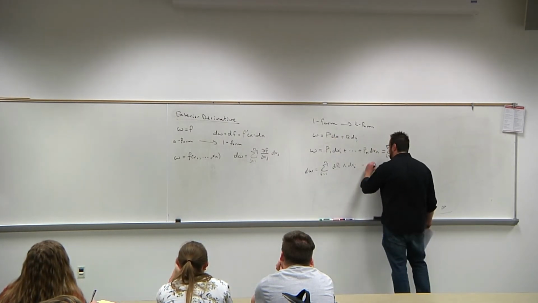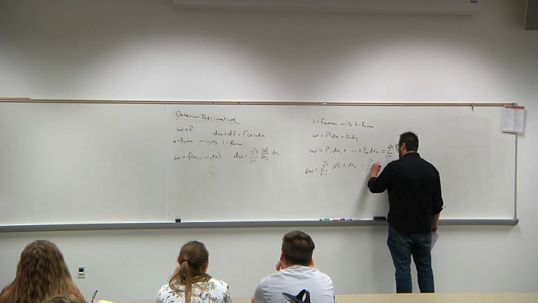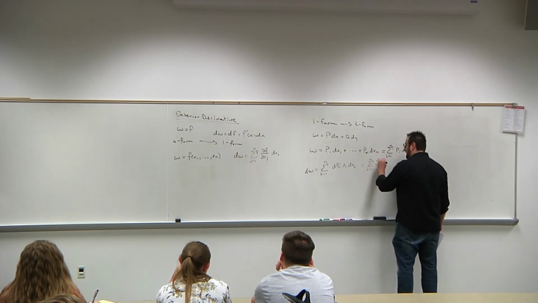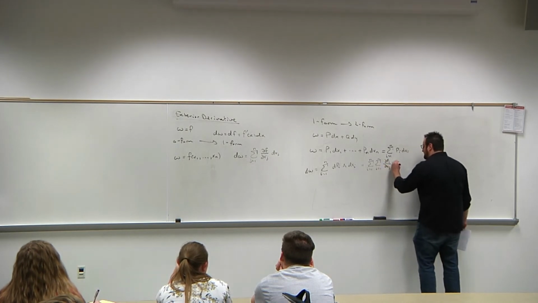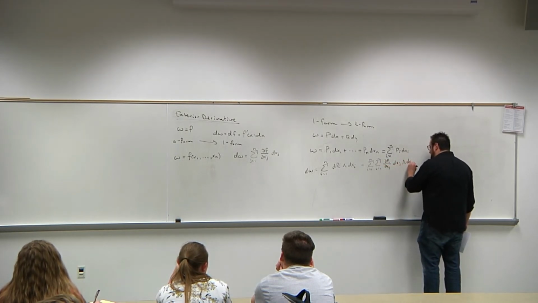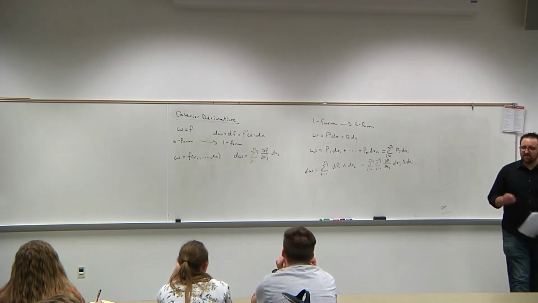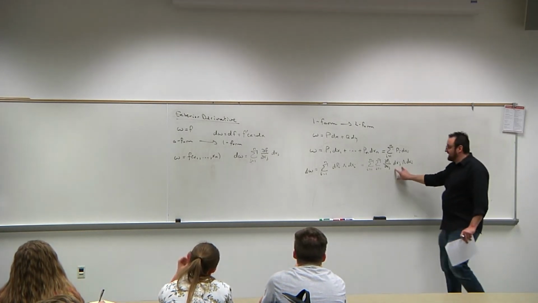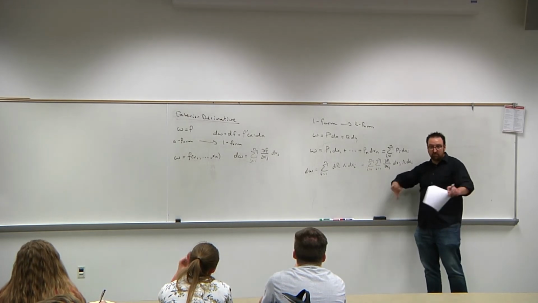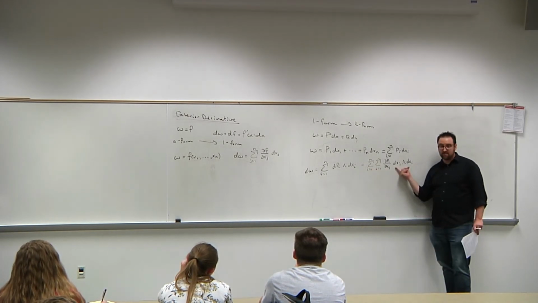So this really ends up being the sum from i equals 1 to n of the sum from j equals 1 to n of partial pi partial xj dxj wedge dxi. You see that? Okay? And since it's linear in that slot, I can pop them all out and move the sums around so I get just these pieces out.